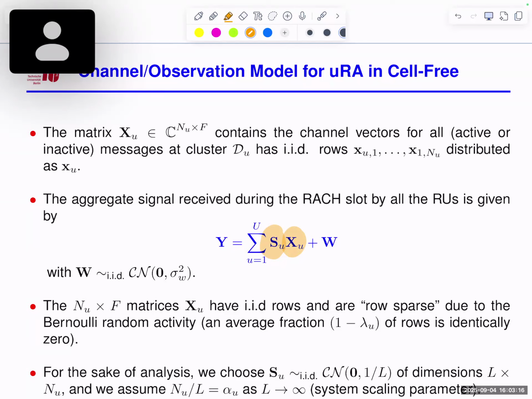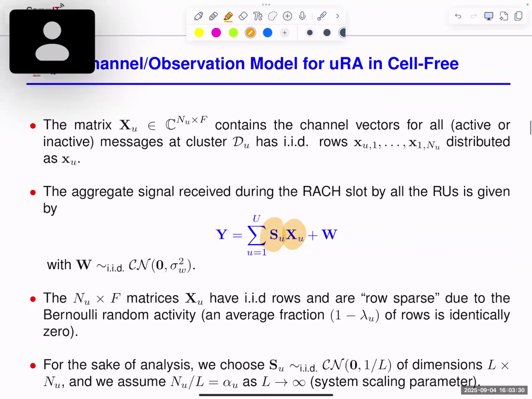At the end, the receiver that takes all the observations of all the radio units together sees the sum of these products plus noise. Our goal is an algorithm that finds the non-zero rows of the matrix X, because the non-zero rows of the matrix X are the channels of the users that are active in each cluster.